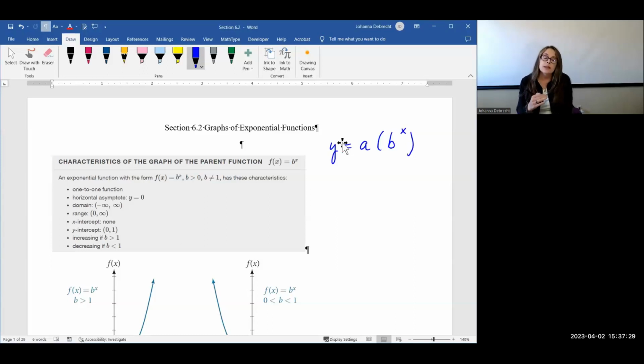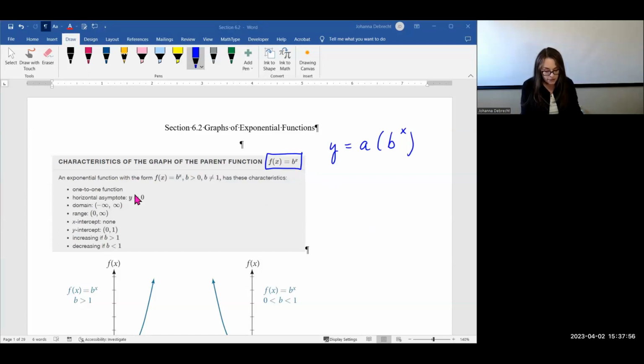Now, we're going to allow a to be 1. In other words, our initial value is going to be 1. We're going to look at a simplified version of the exponential function, and we'll call this the parent function. So we're going to be focusing on this one that you see right here, outlined in blue. This is going to be our f of x equals b to the x power. So a, in this case, is 1.